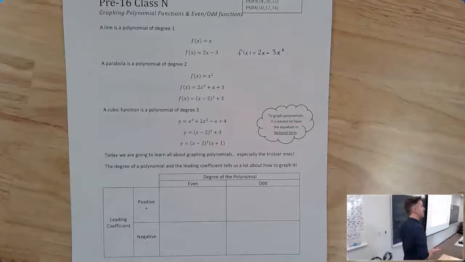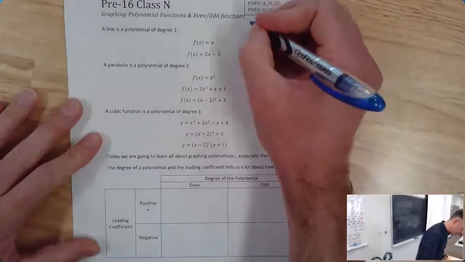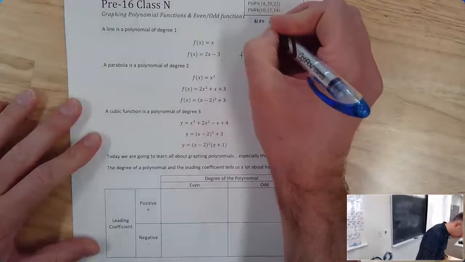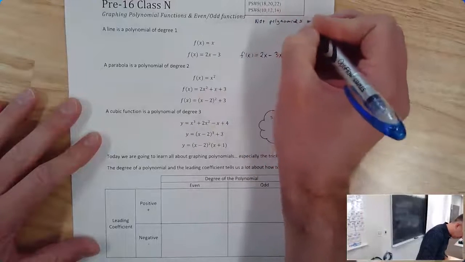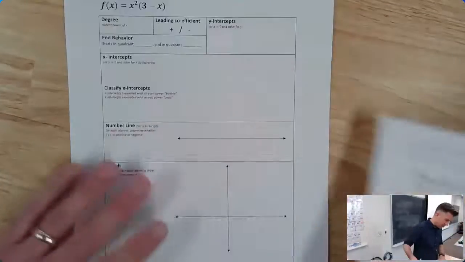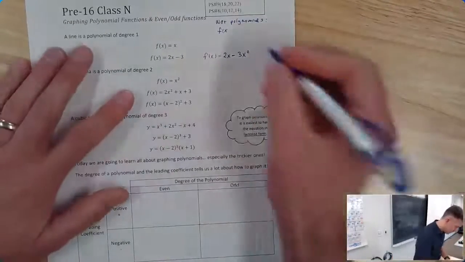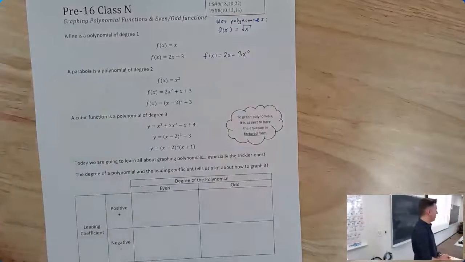Some examples of things that are not polynomials that we've talked about: I can give you 2 examples right off the bat. f of x equal to the square root of x. What's the power on that x? 1/2, which is not an integer, right? 1/2 is not a whole number.